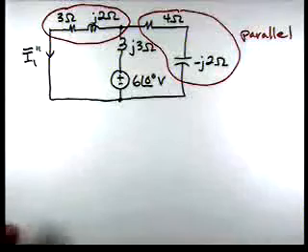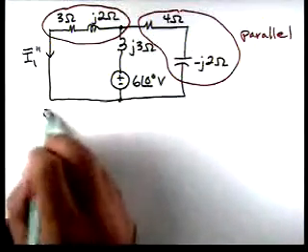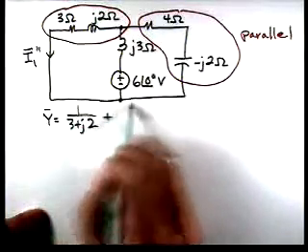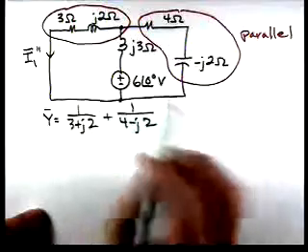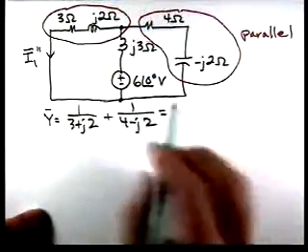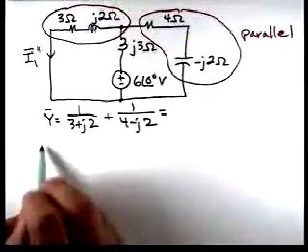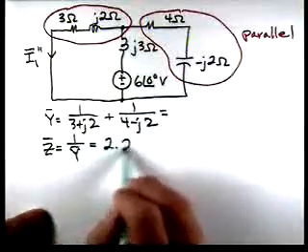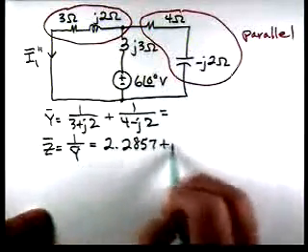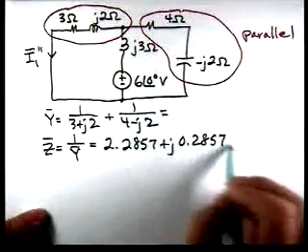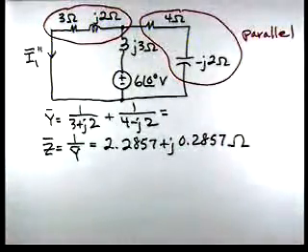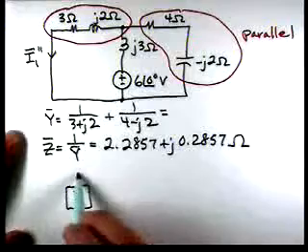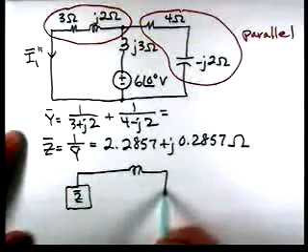So Y here is 1 over 3 plus j2 plus 1 over 4 minus j2. We don't need to calculate that, because really we want Z, which is 1 over Y. Z turns out to be 2.2857 plus j0.2857 ohms. So now our circuit can be redrawn as this.